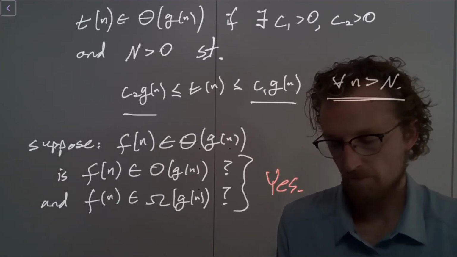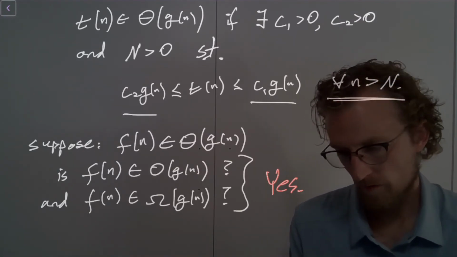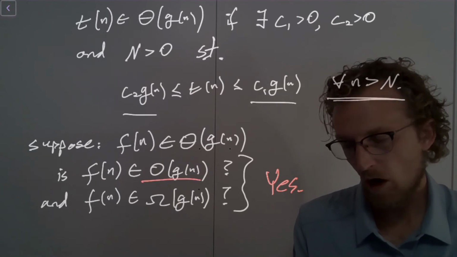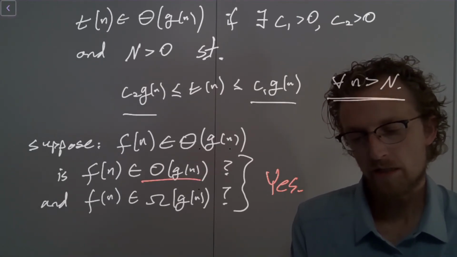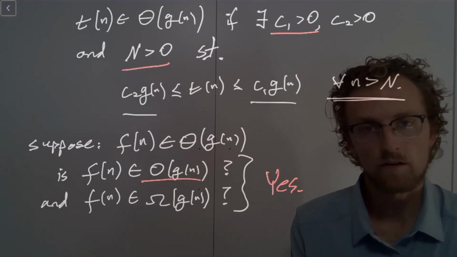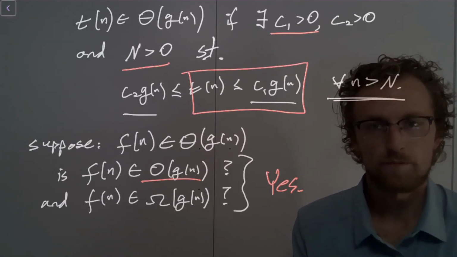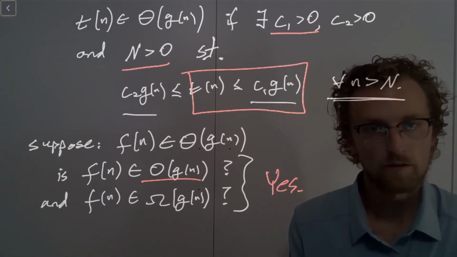So why is that? Well, what does big O mean? Big O, and I'll use red for this, means that there exists a C1 greater than 0, and there exists an n greater than 0, such that this inequality holds for all n greater than n.